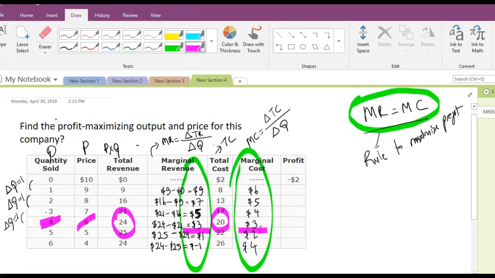So that will be the answer to this question. The company should produce 4 units and charge $6. At that level, marginal revenue will be equal to marginal cost.